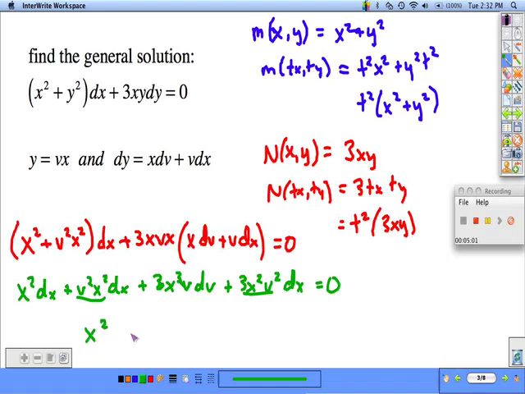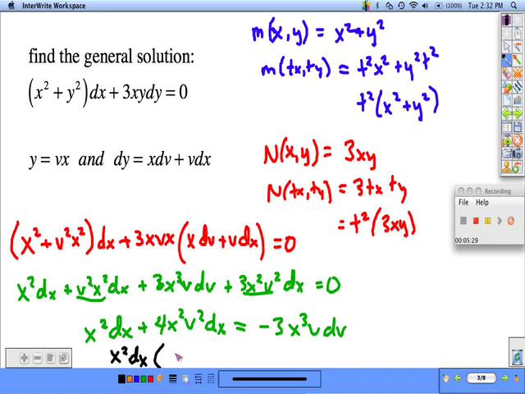We have x squared dx plus 4x squared v squared dx. And then I'm going to move the dv term to the other side. Thus begins our separation. On the left side, we can factor out x squared dx, leaving us with 1 plus 4v squared equal to our negative 3x cubed v dv.